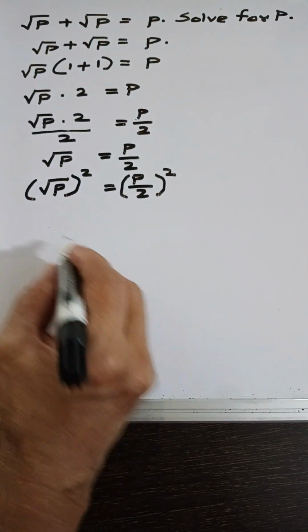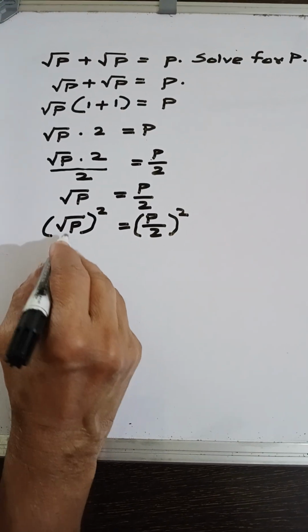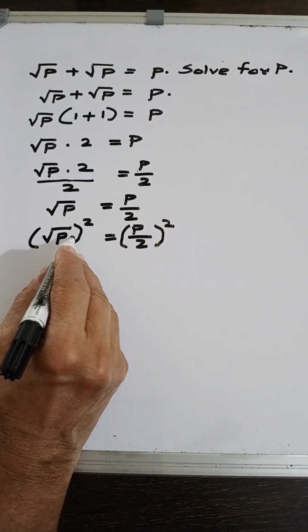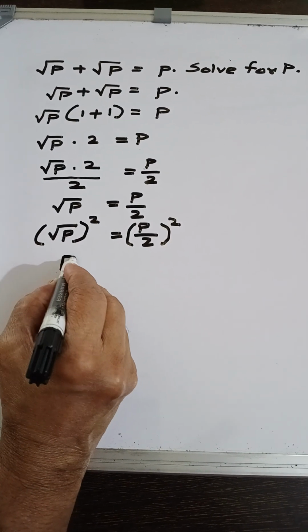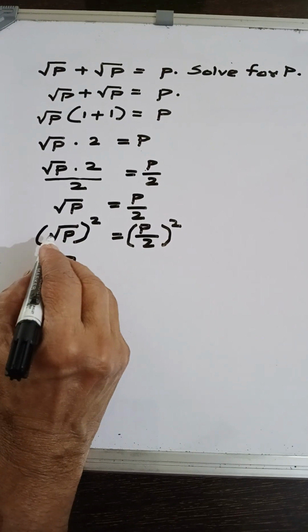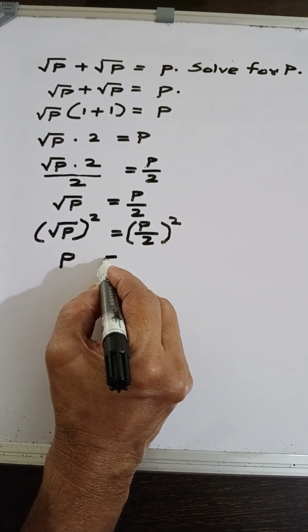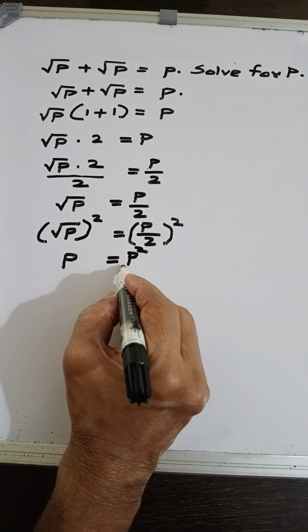That is, root p squared means root p into root p equals p. The radical sign vanishes here, and in the RHS we get p squared by 4.